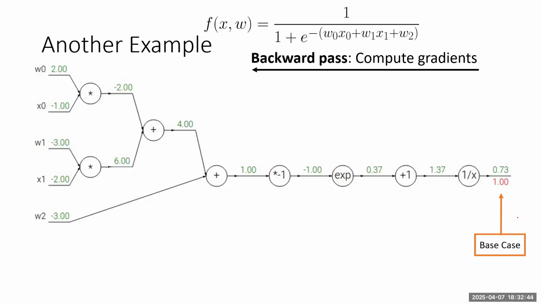What is the derivative of 1 over x? Any calculus? -1 over x squared. So 1 times -1 over x squared will give you the value here.